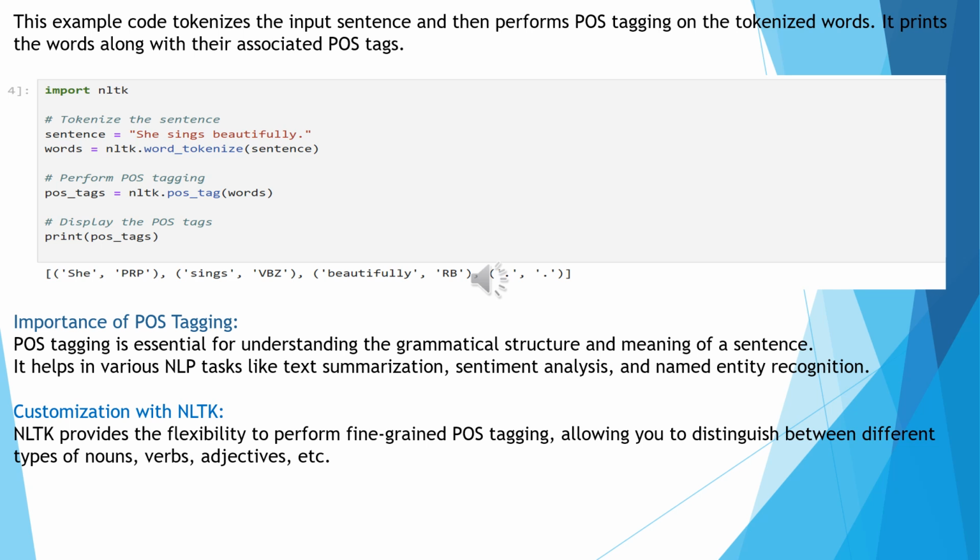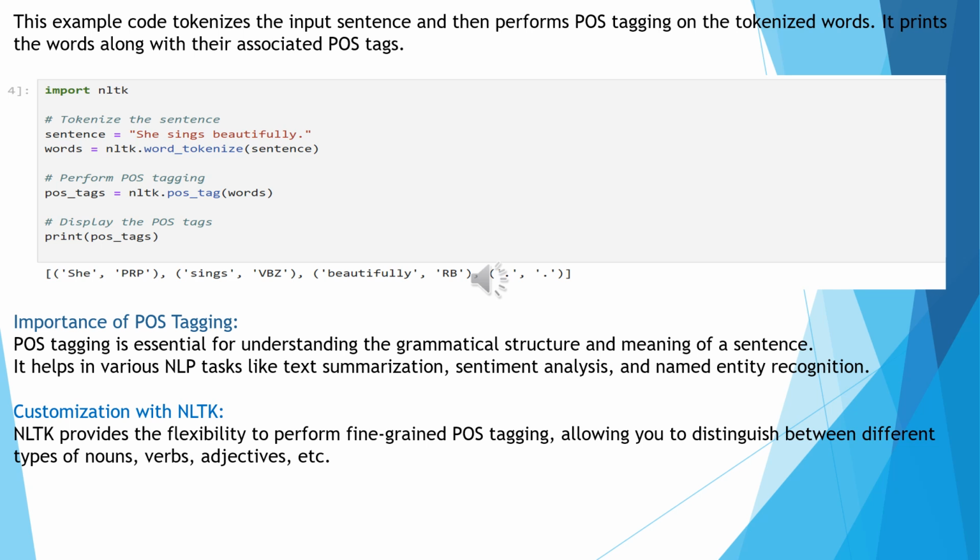Then we need to give it to the pos_tag function, and only then can it assign the grammatical categories to each of the tokens. So after tokenization, we perform POS tagging using pos_tag. This function is available in the NLTK package.